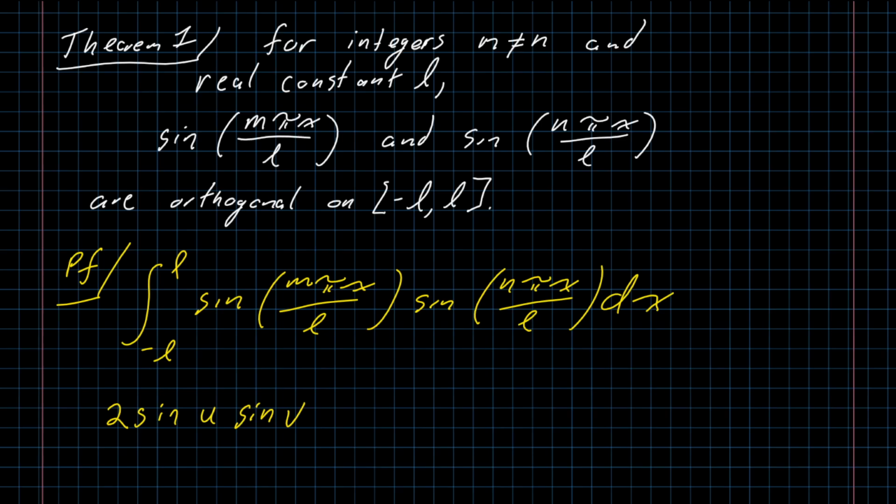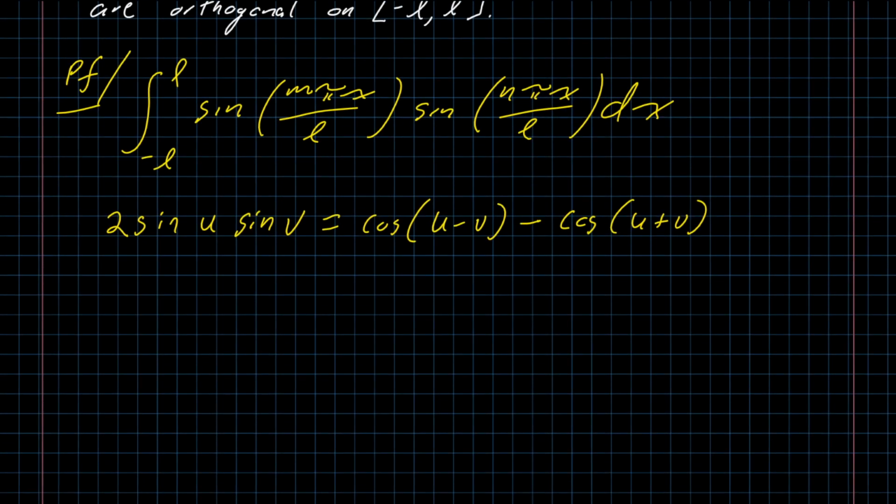If you have 2 times the sine of u times the sine of v, that's the same thing as the cosine of u minus v minus the cosine of u plus v. Right, so if you have the product of sines, you can turn it into the difference of cosines.